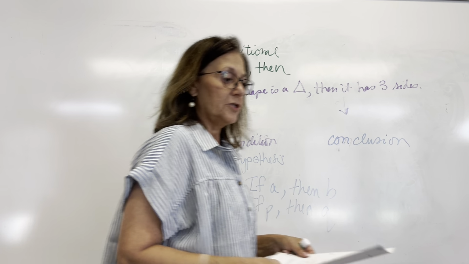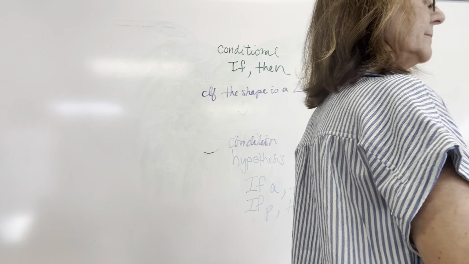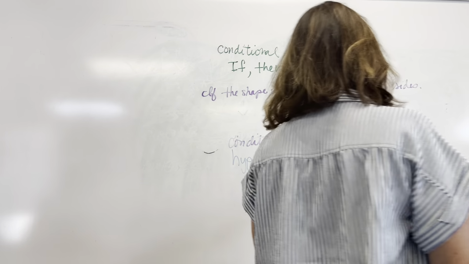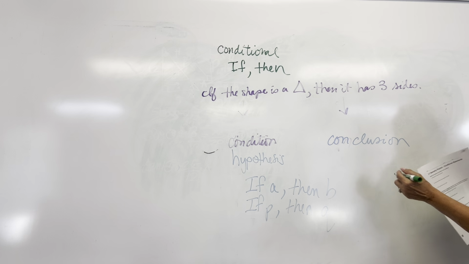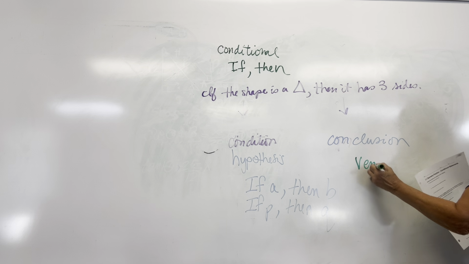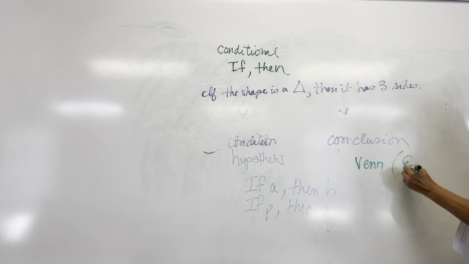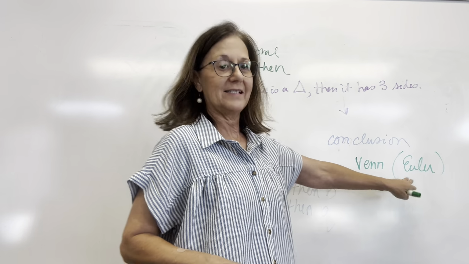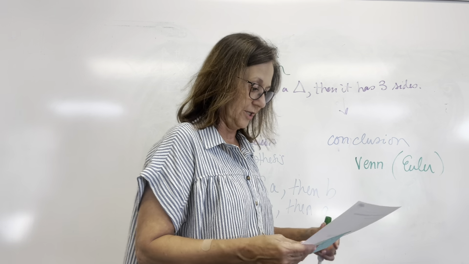Yeah. All right. So you remember Venn diagrams? You remember Venn, the 2 circles. Yes, 2 circles. So a Venn diagram, in geometry, we're going to call them Euler diagrams, because Euler was a mathematician.